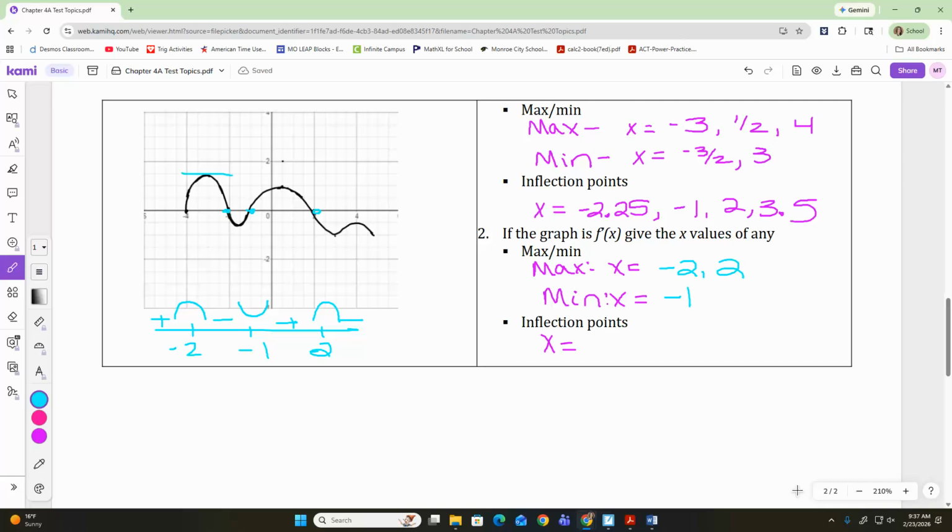So that's at these horizontal tangent lines. So if we give all of these x values, we've got probably -3, -3/2, +1/2, +3, and +4.